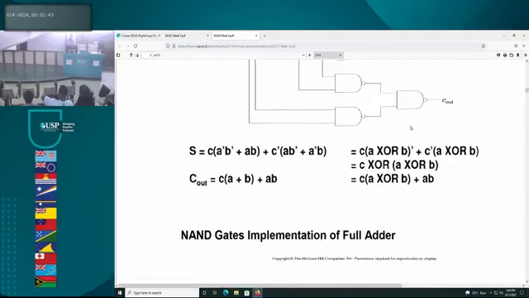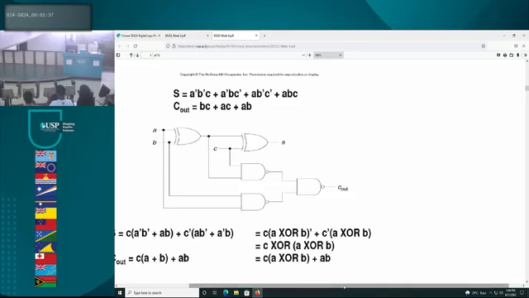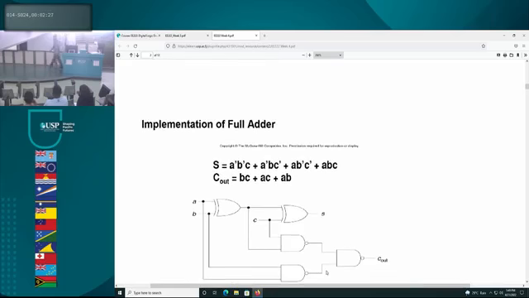NAND gate. So basically the concept over here is, you've been given a circuit. Sometimes the word may become scary. You may feel, oh, I haven't done a full adder yet.